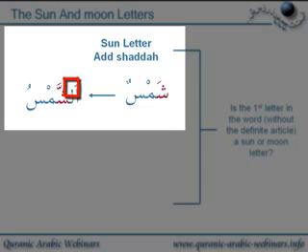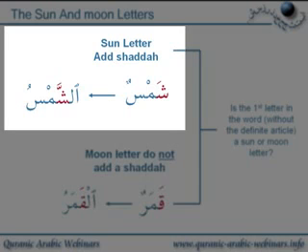And the reason is we're joining effectively the fatha that would normally be read on top of the hamzatul wasl directly to the letter with shadda. So instead of saying al-shamsu, we will have to read this as ash-shamsu.